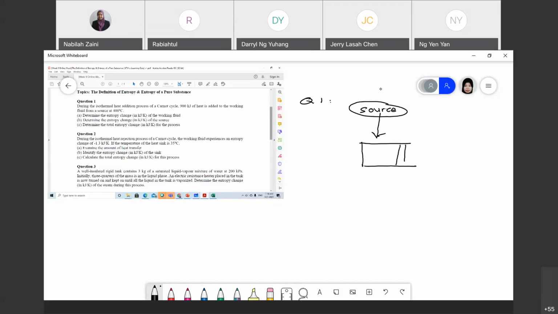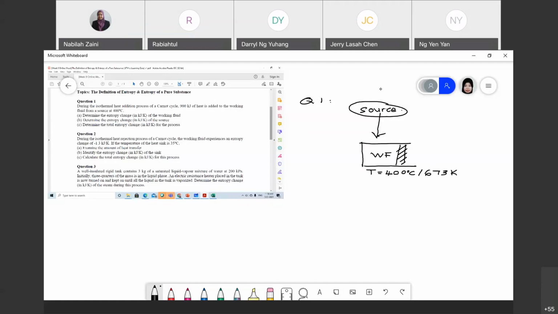During the isothermal process, both the source and the working fluid are at the same temperature, which is 400 degrees Celsius or 673 Kelvin. Can you see my handwriting here? Yes, doctor.